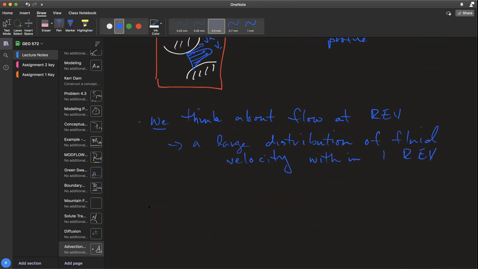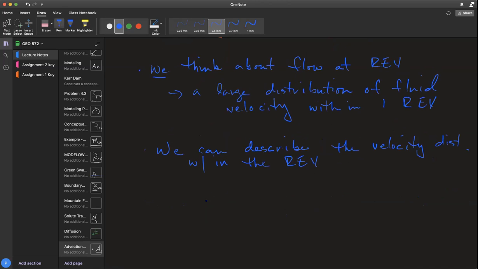So we can describe the velocity distribution within the REV in such a way that we say the velocity field is equal to some average velocity plus a bunch of variations in velocity around the average, right?